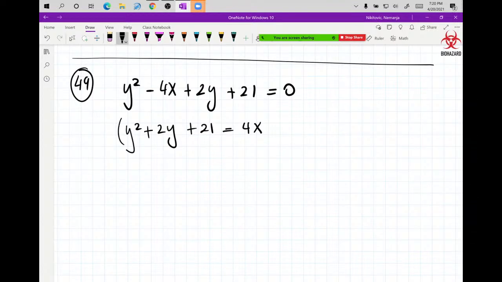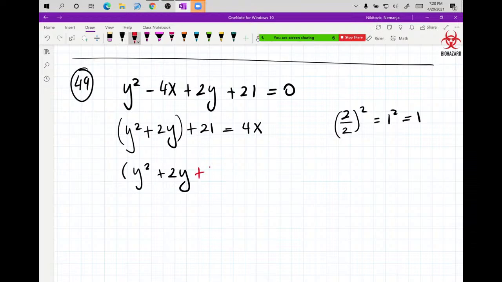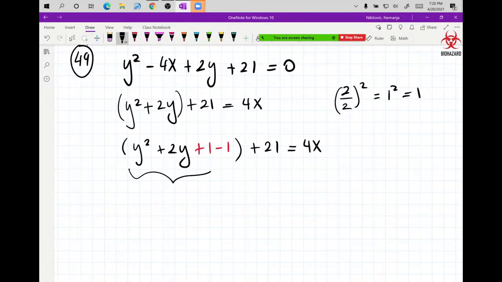And now, when I group these first two and do the completing the square, we have the 2 divided by 2 squared, which gives us 1 squared, which is 1. We take 1 and we add and subtract to complete the square. And the first 3 give us a completed square: square root of the first, sign of the second, square root of the third.